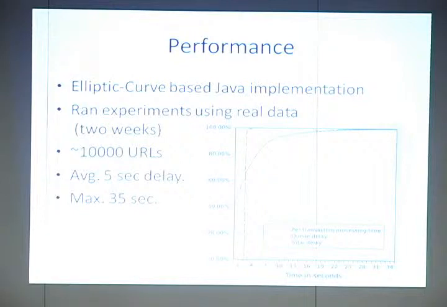The average delay that we measured for something like 2 weeks of data using sort of real-time simulation, and about 10,000 URLs, was about 5 seconds, and even the worst case was only 35 seconds. So in terms of efficiency, this is completely practical for real-world use. When you think of the actual taking down of a website, it's something that's not on the order of seconds, but more of hours. So a delay of 35 seconds doesn't really matter.